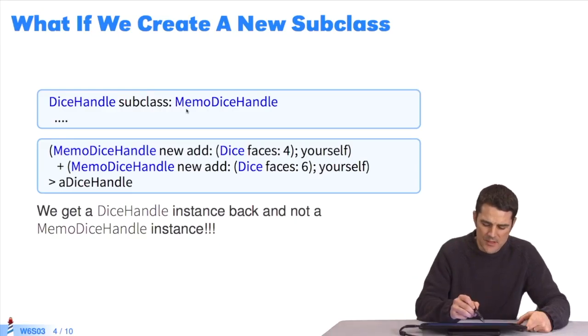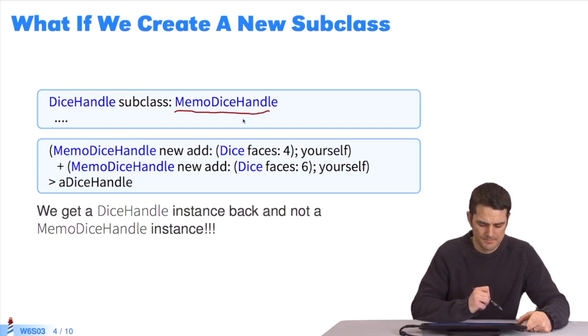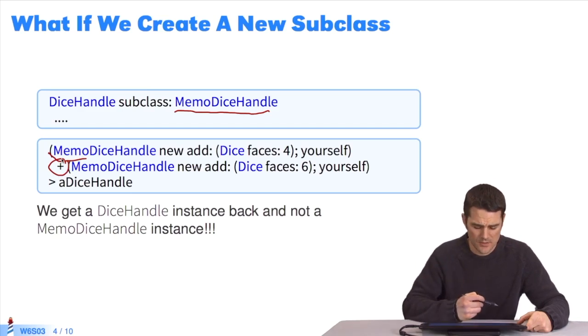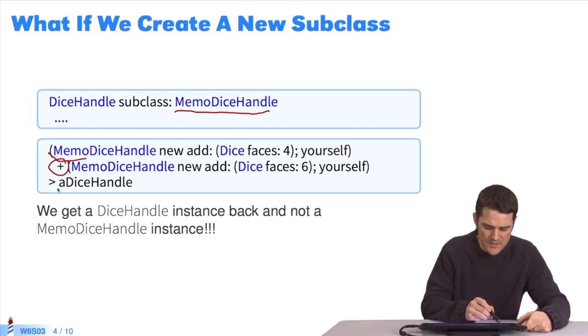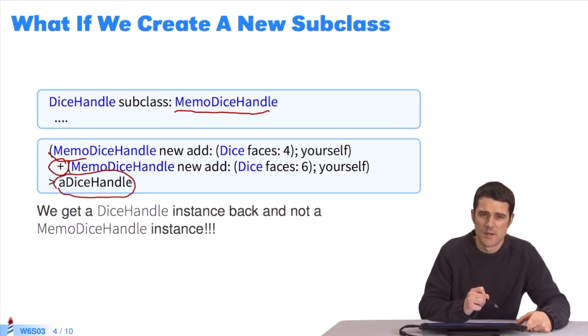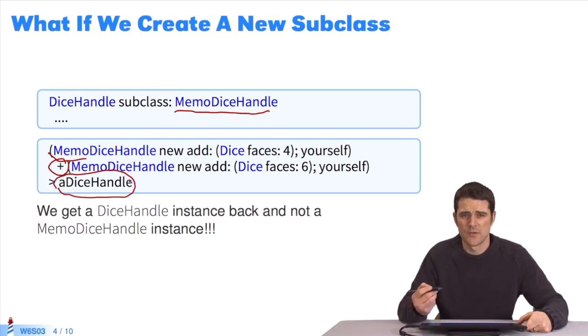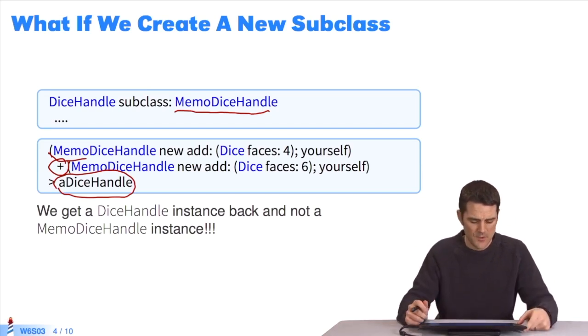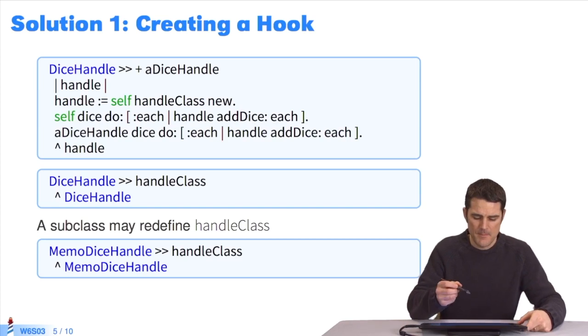If I create a dice handle subclass called memo dice handle, and I want to add memo dice handles with the plus method, which is inherited from dice handle, the result is an instance of the dice handle class, not of the memo dice handle class. This is a problem because when we add elements, we want to get the same type of element back. How do we do this?